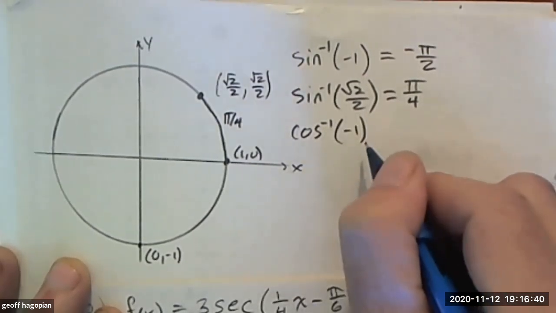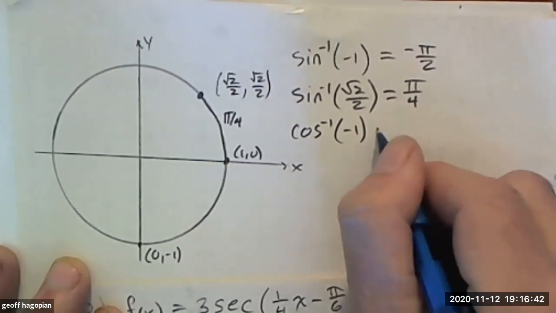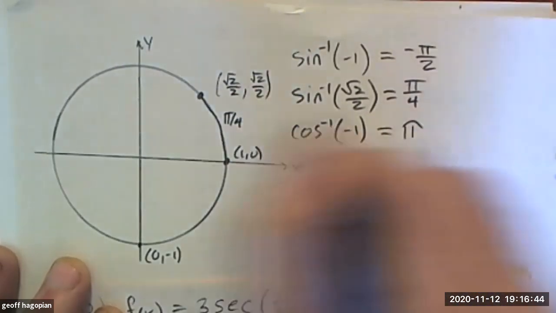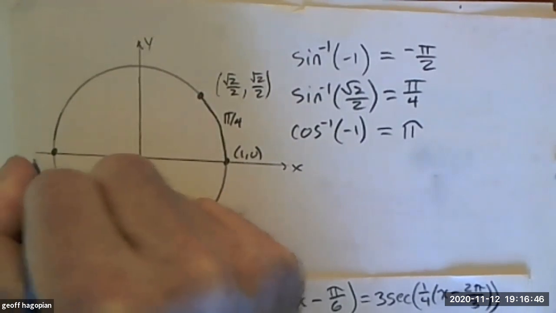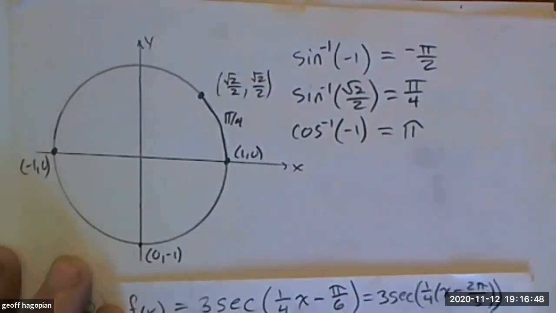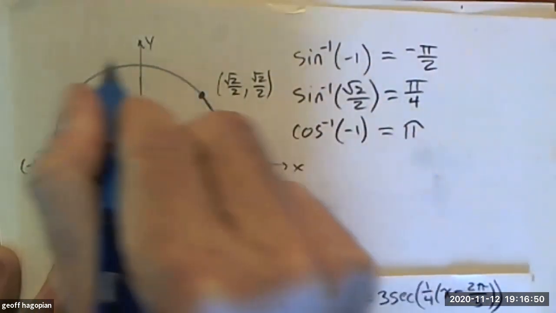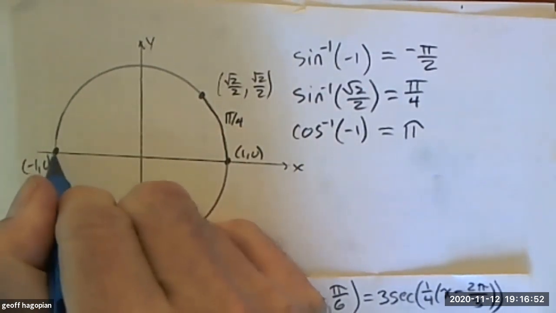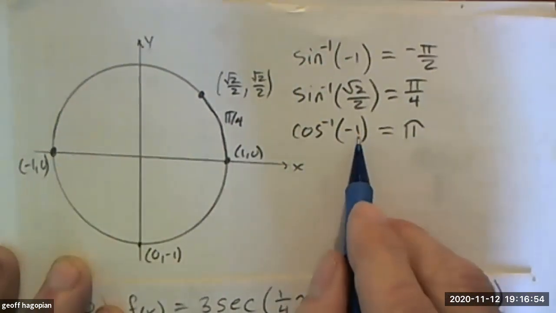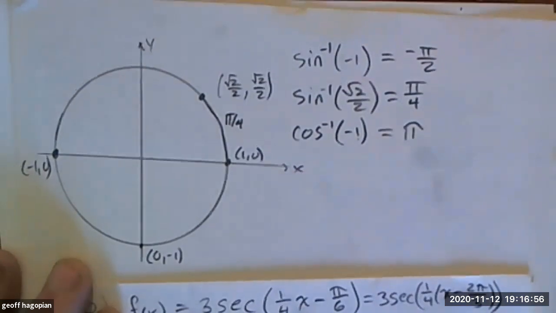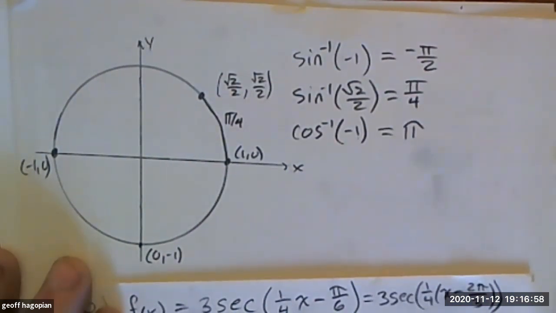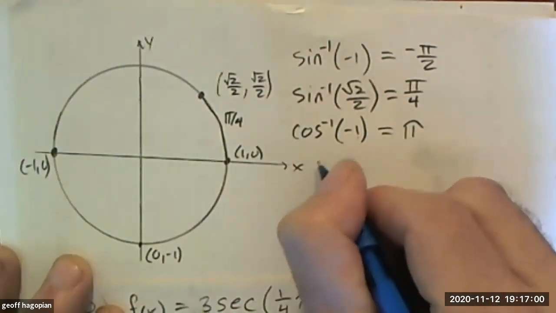That becomes the range of the inverse cosine function, right? So if we go an arc pi on the unit circle, that takes us to where the x coordinate is -1.